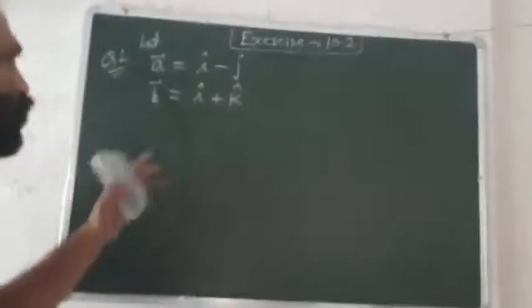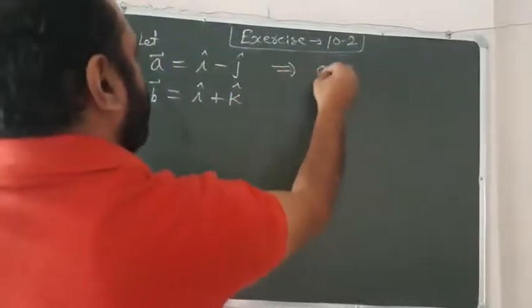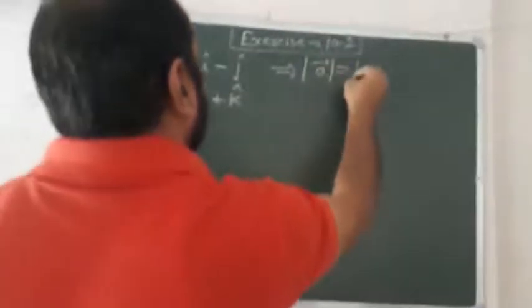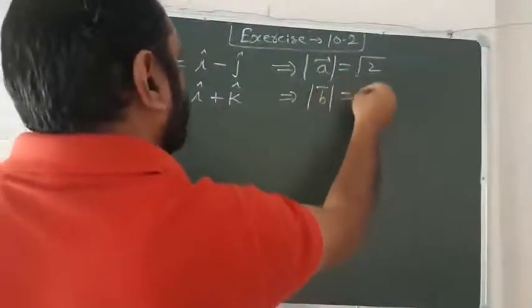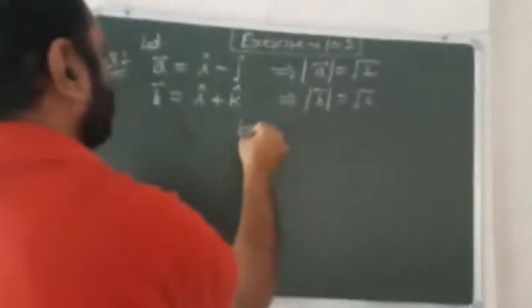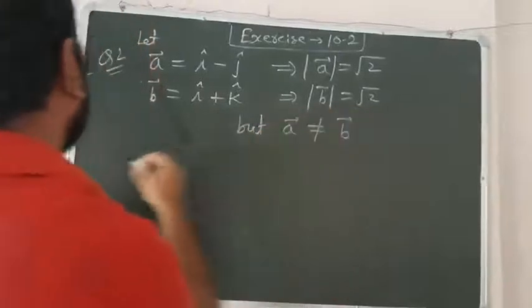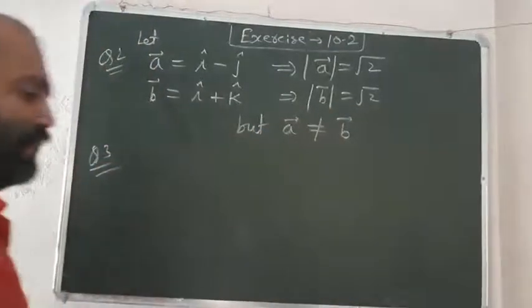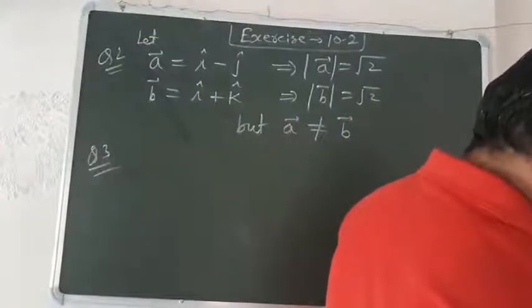So these are the two vectors where the a vector magnitude is equal to root 2 and the b vector magnitude is also root 2, but a vector is not equal to b vector. So you have to give this example for two different vectors having the same magnitude.